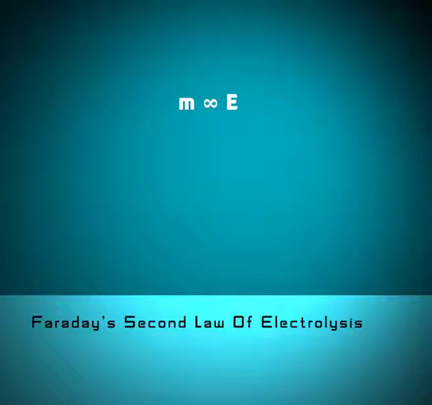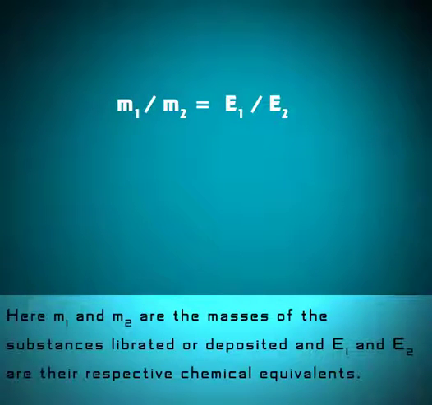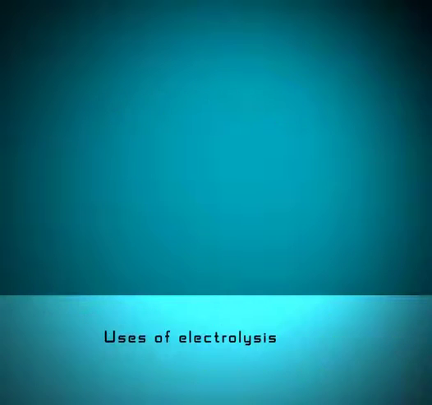M is proportional to E. M1 over M2 equals E1 over E2. Here M1 and M2 are the masses of the substances liberated or deposited, and E1 and E2 are their respective chemical equivalents.